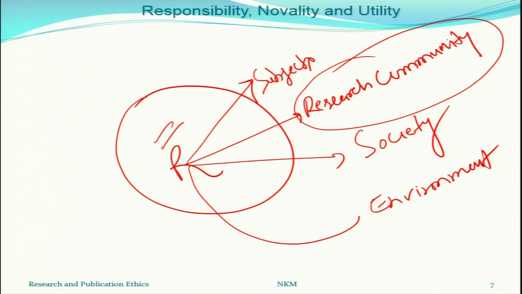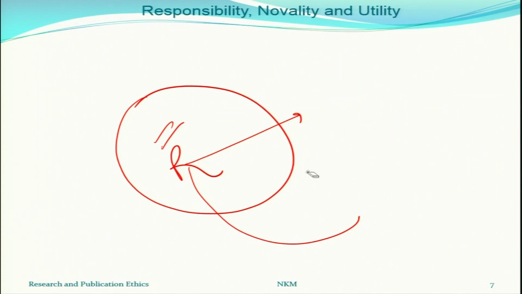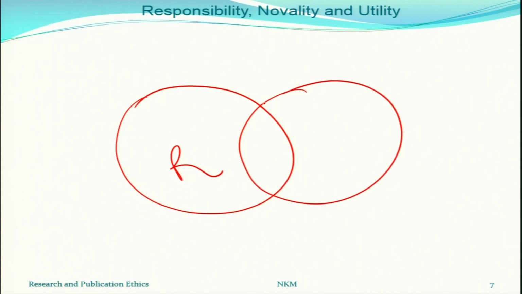Further, after maintaining responsibility, let's talk about the second point, that is novelty. Novelty is also a very important factor for a researcher. When you try to discover something new, you work on new ideas, you try to develop something original and new, then you actually avoid fabrication, falsification, plagiarism.